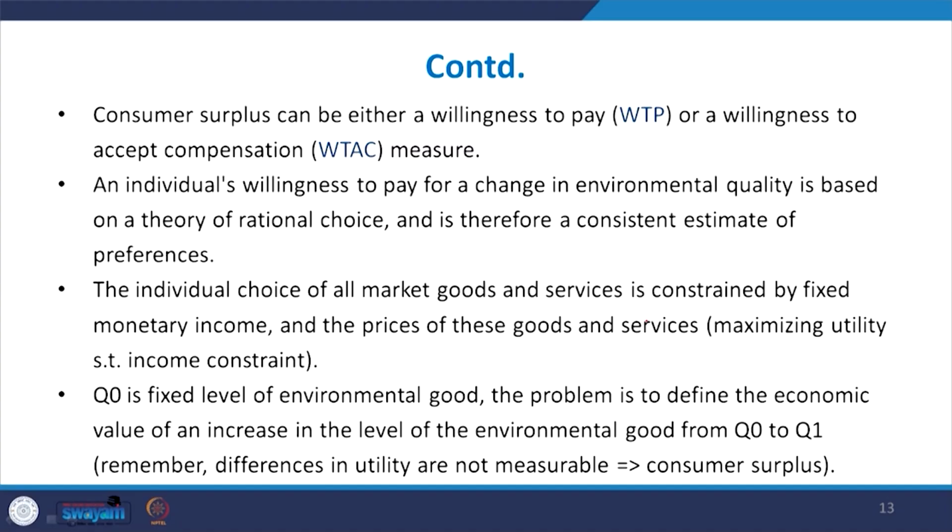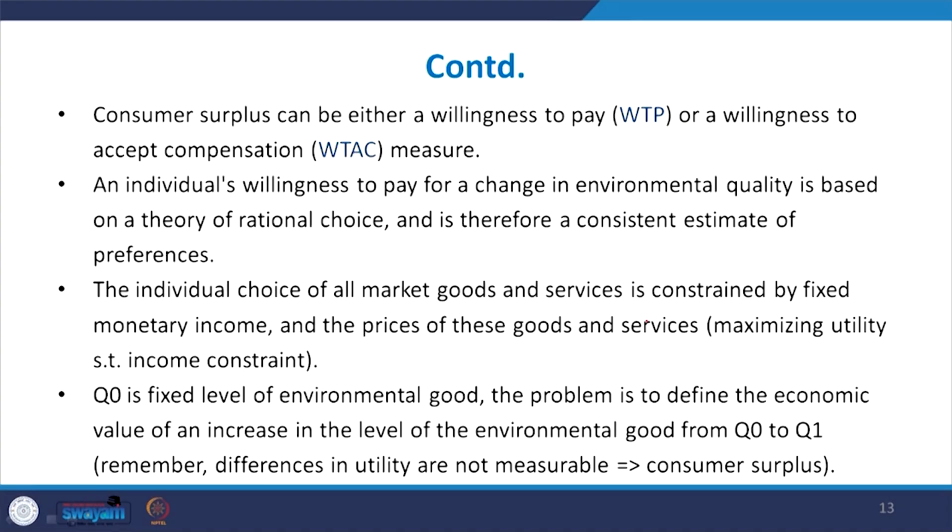So, that is what we study in microeconomics, that the budget is constrained. With the given budget and known prices of the products, we have to make a rational choice of how much to consume of different kinds of products.